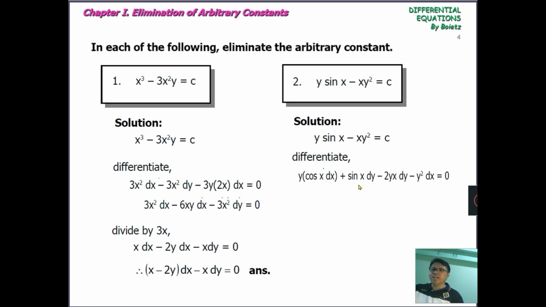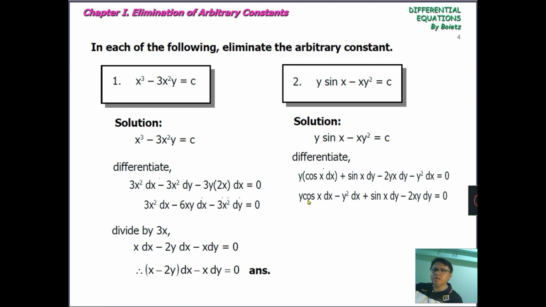So, that is it. Then simplify, distribute, and see if there are like terms, or just rearrange so we group together those with dx and those with dy. So this became y cosine x dx, and this one moved there, negative y squared dx, then sine x dy, then minus 2xy dy, just interchanged, equals 0. Again, the constant was eliminated because the derivative of a constant equals 0.